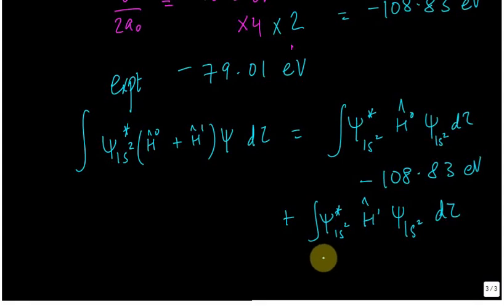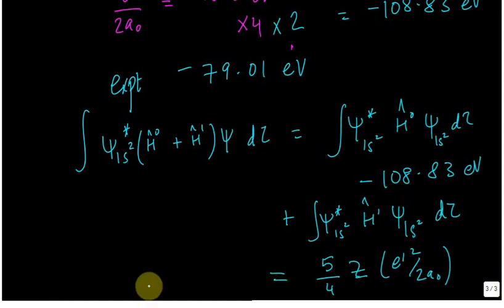It comes out to be 5 by 4 Z e prime squared by 2a naught. If I put the value of Z over here, it gives me 34.01.